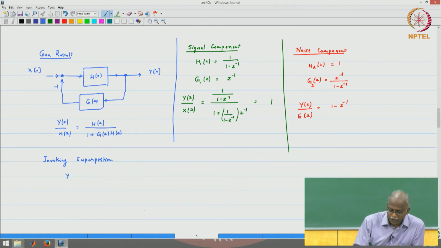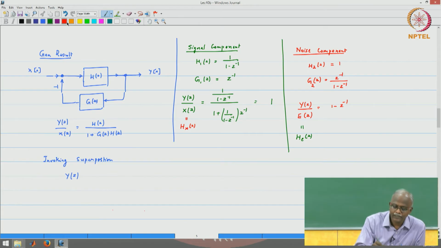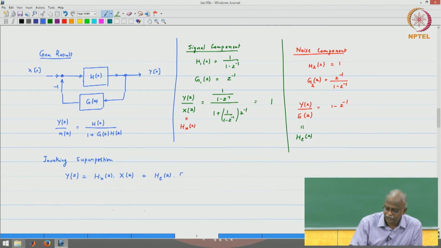So, Y(z), if I call this H_x(z) and this one H_e(z), so Y(z) is equal to H_x(z) times X(z) plus H_e(z) times E(z).